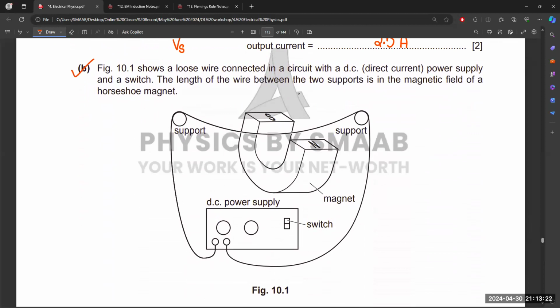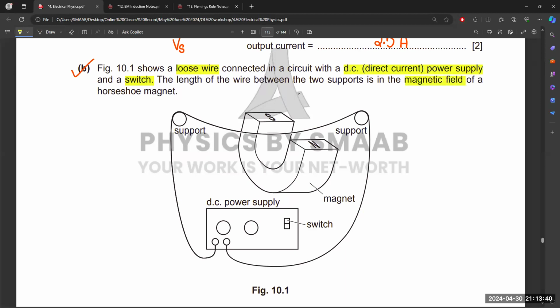In part B, figure 10.1 shows a loose wire connected in a circuit with a DC current and a switch. The length of the wire between the two supports is in the magnetic field of a horseshoe magnet.